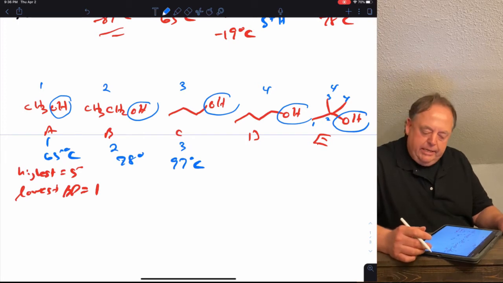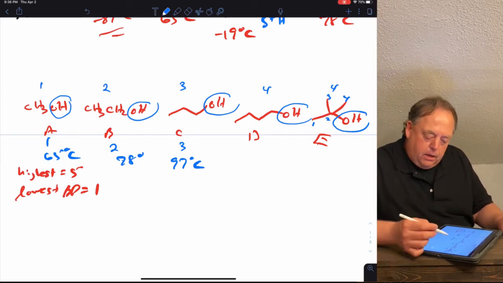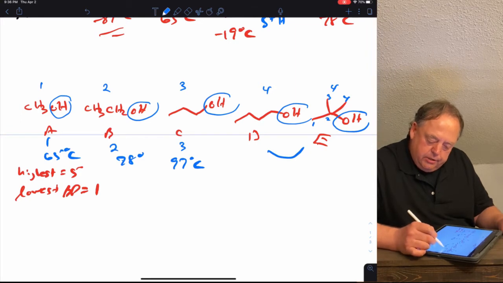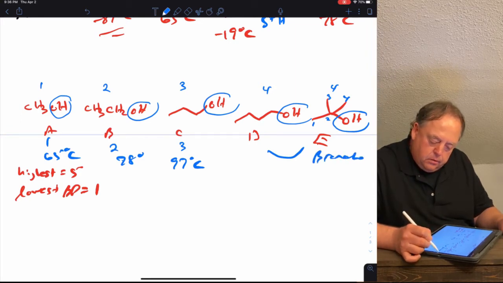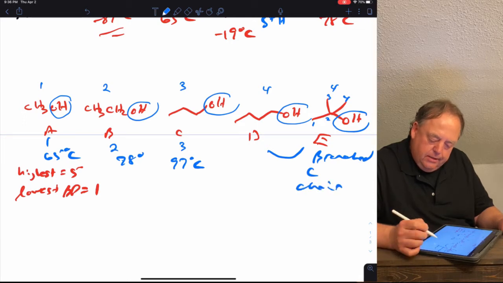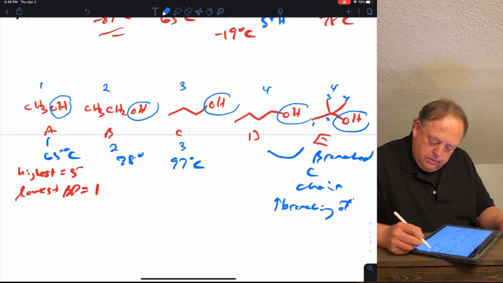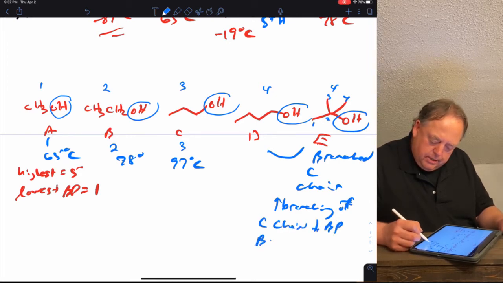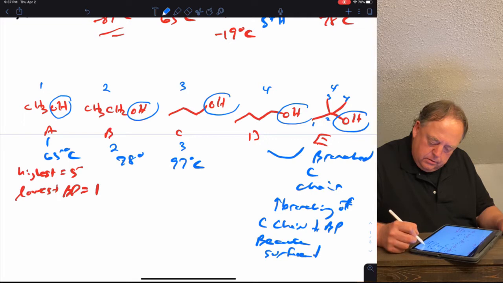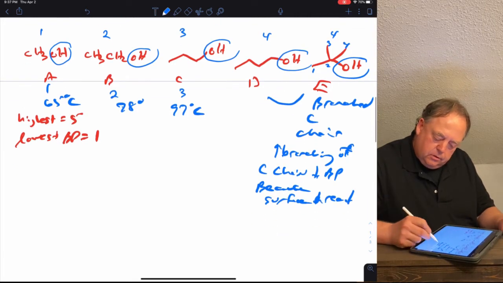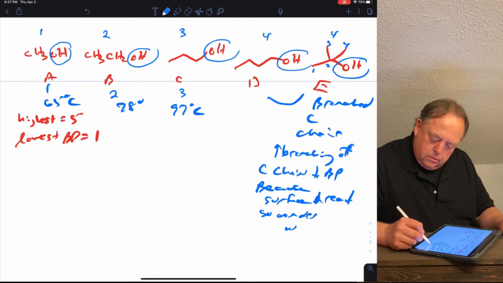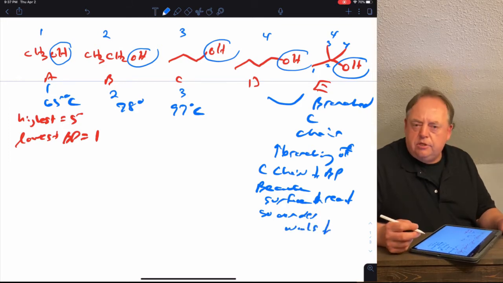And then how about between D and E? They both have a 4 carbon chain. But if you compare these two, E has a branched carbon chain. So if you remember from the van der Waals attraction discussion, as you increase branching of the carbon chain, you decrease boiling point, because surface area decreases, so van der Waals attractions decrease.